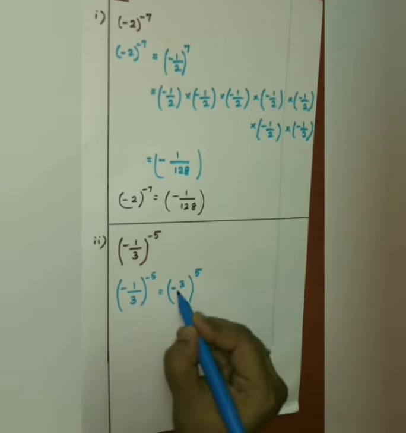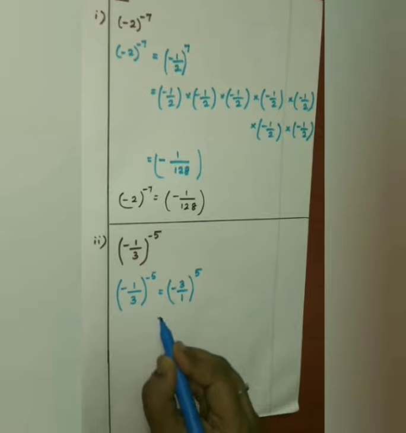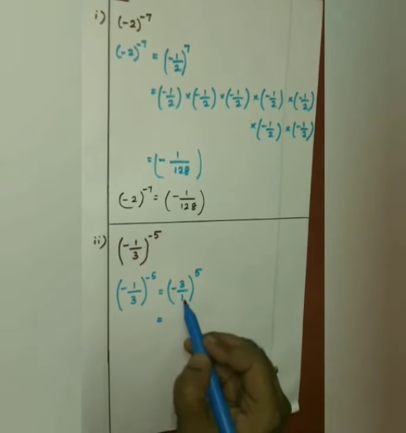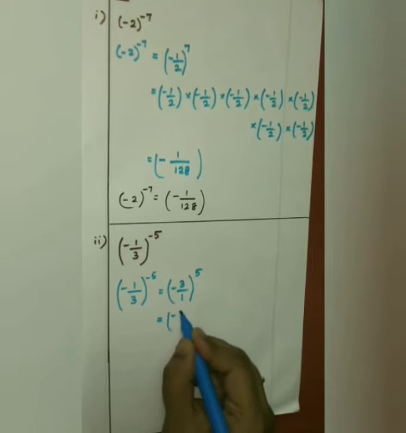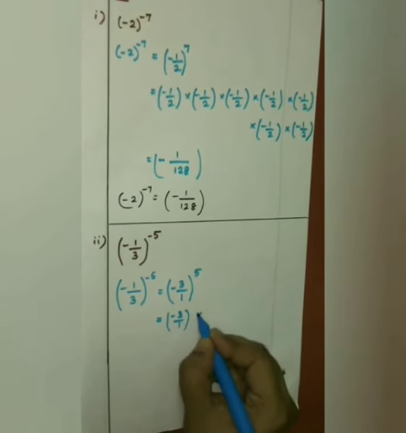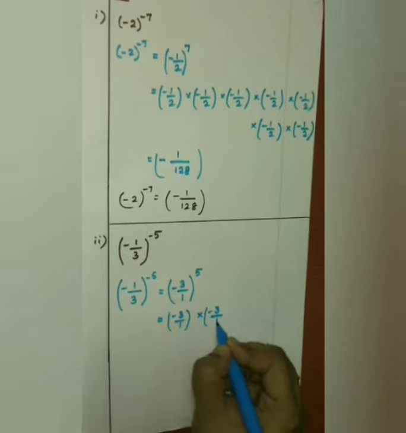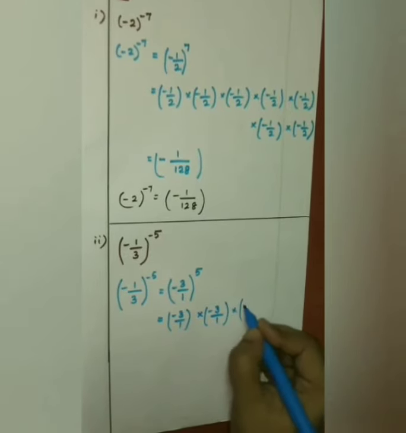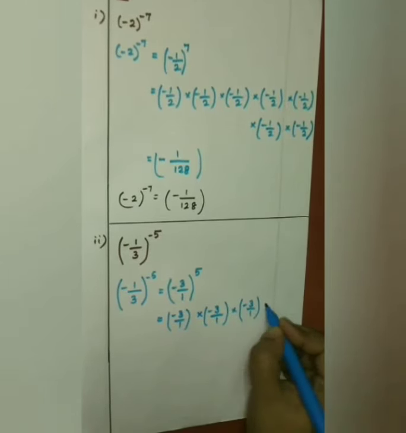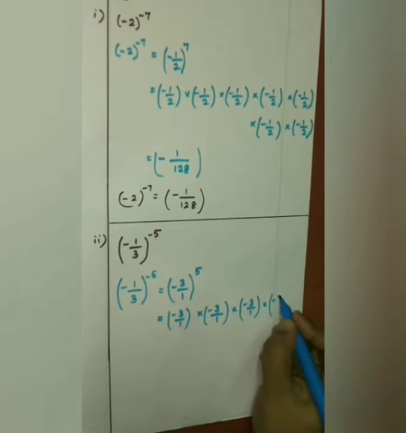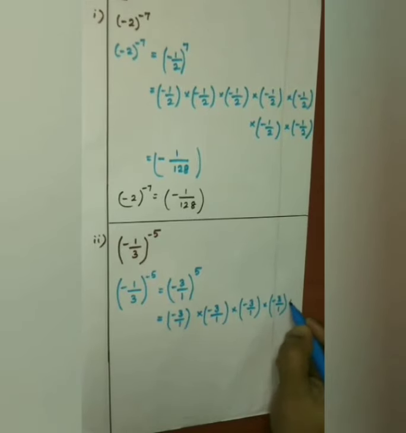Minus 3 by 1. To find the value of this, you multiply minus 3 by 1, 5 times. Minus 3 by 1 into minus 3 by 1 into minus 3 by 1 into minus 3 by 1 into minus 3 by 1.